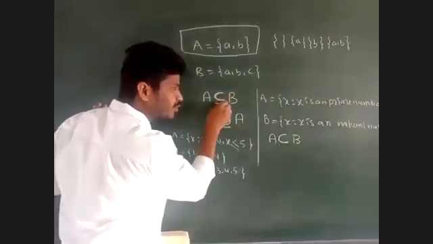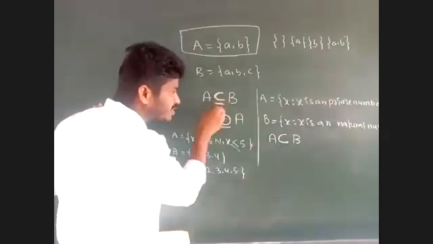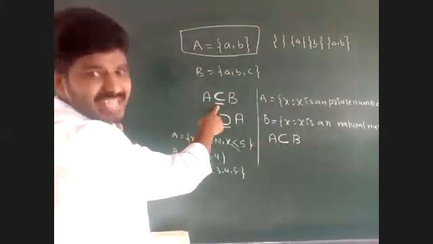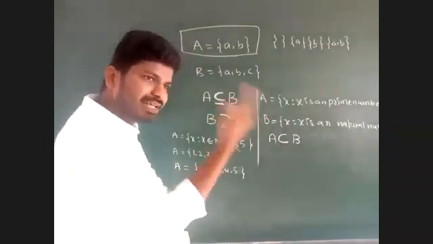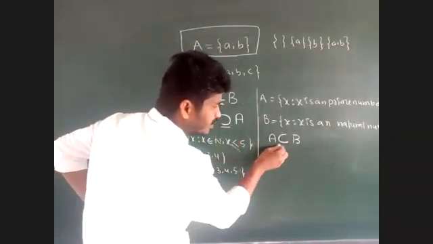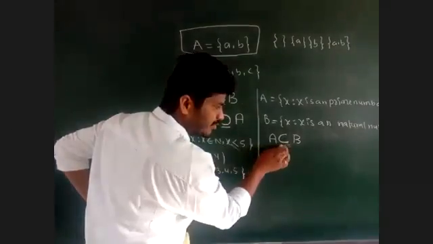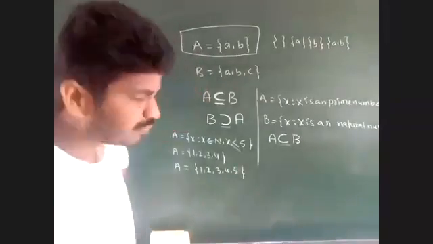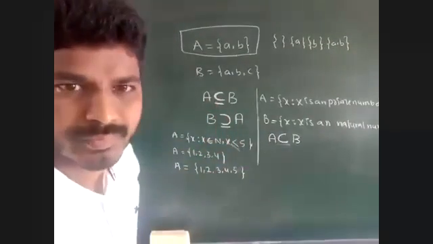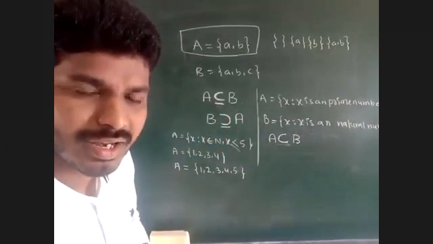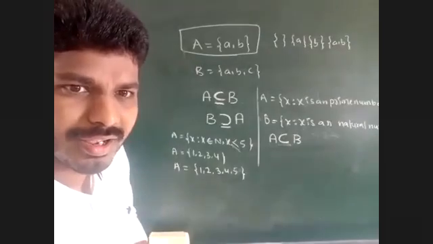The equal to means we should consider itself also. Here, the equal symbol is not there, right? That's why here we should not consider itself. Then it is called proper subset. Then it is called subset. Is it clear? Yes, sir.